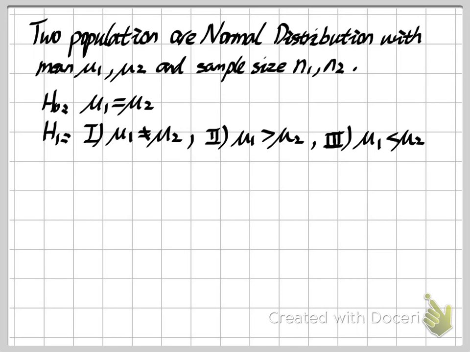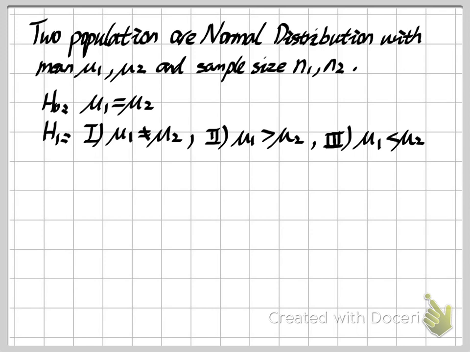If we look at this equation, maybe you think this is not exactly the same as in our previous lectures. Because in the previous lectures, we always said mu equals a number, or is larger or smaller than a number, or not equal to a number. But here, mu1 and mu2 are both parameters of our populations.